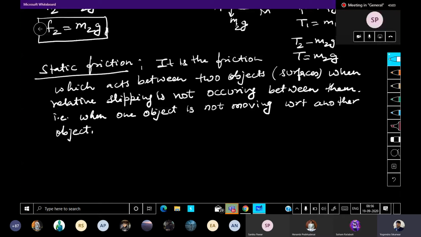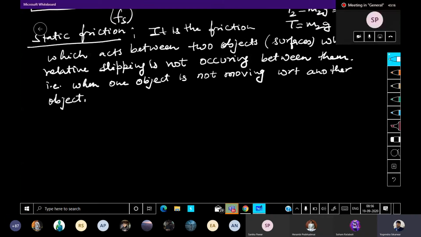So the value of static friction can be anything from 0 to Fs max.